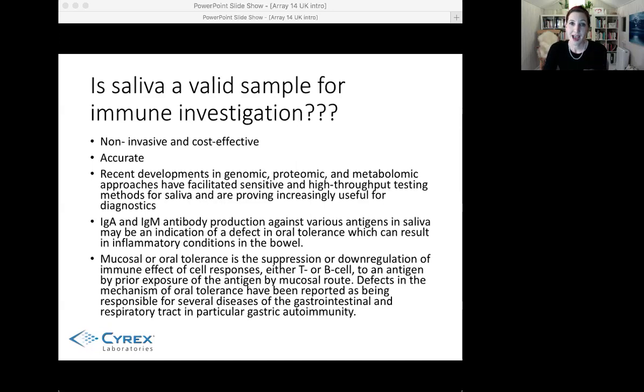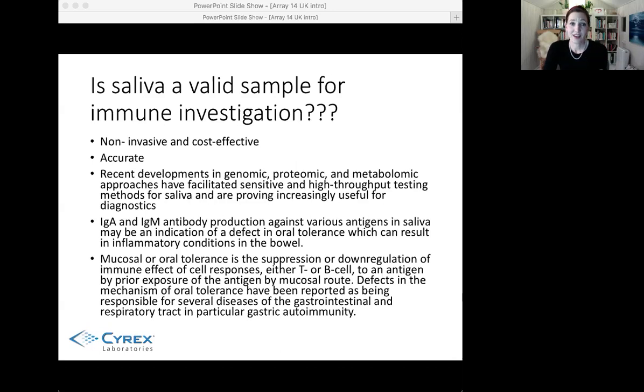But they also carry many of the same proteins and other molecules that are found in blood and in urine. So from a proteomic perspective, there are more than 2,000 proteins and associated proteins in the human parotid and submandibular glands. So the saliva is actually a very protein-rich body fluid.